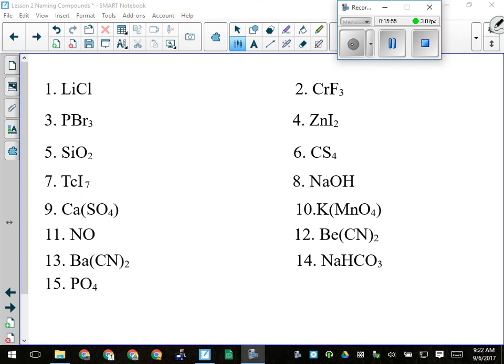Okay, so for number one, is this an ionic compound or a molecular compound? It's ionic. Lithium is a metal. Okay, so this stuff is simply lithium chloride. Okay, second one. It's ionic and it requires Roman numerals. Chromium has more than one possible charge. Okay, so we are going to have chromium something fluoride.